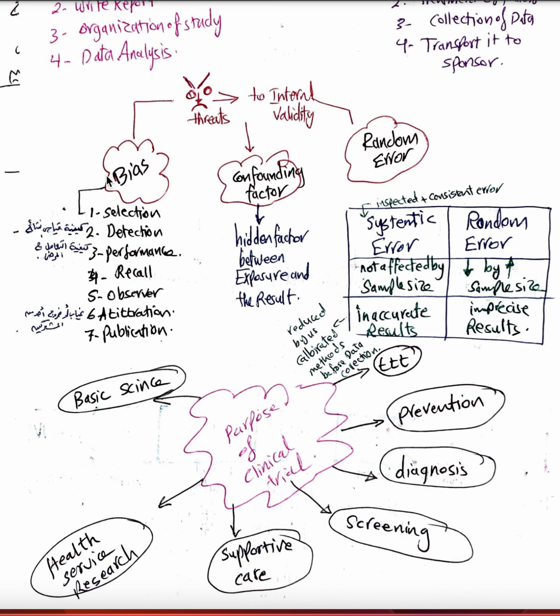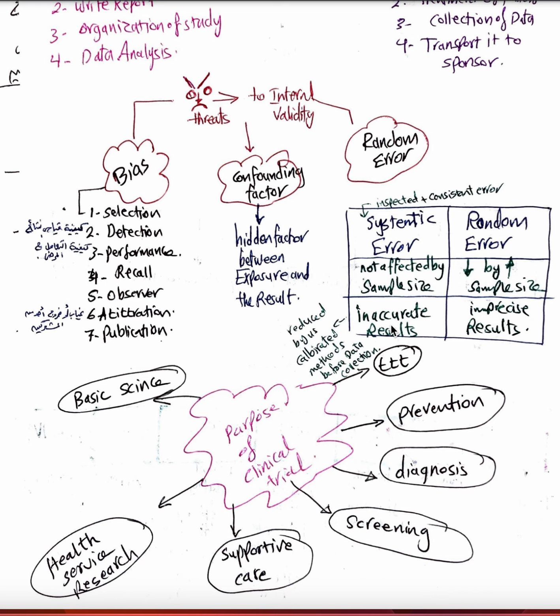Okay, and when I say a systematic error, that means it's a constant and predictable error. That means I can predict that the error will happen because the calibration is not good, because I know that before. And it's a constant error, which means if I increase the sample size or decrease it, it has no effect, and that leads to inaccurate results.